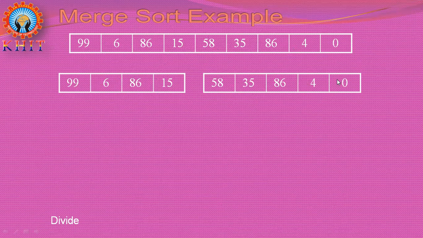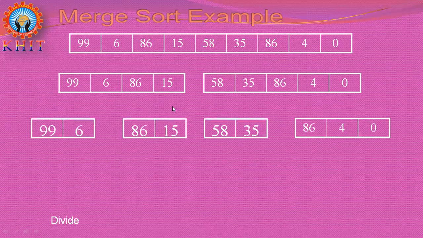We can divide this, and again apply the division method to the generated sub arrays. When we apply the division method, the array will be like this, and two more sub arrays are generated from this array, and these two are generated from this array. And again we can apply divide to the given array.